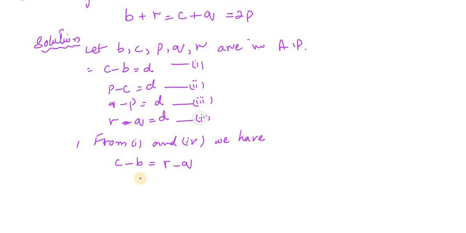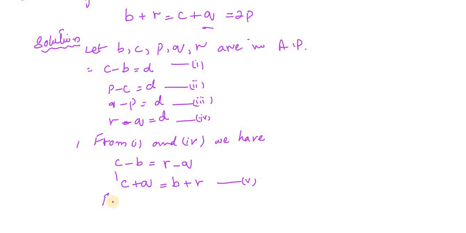So we have to prove C plus Q is equal to B plus R. So C plus Q is equal to, minus B will be positive, B plus R. This we say equation 5.